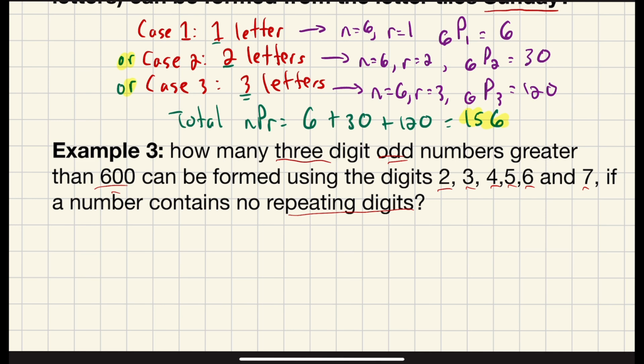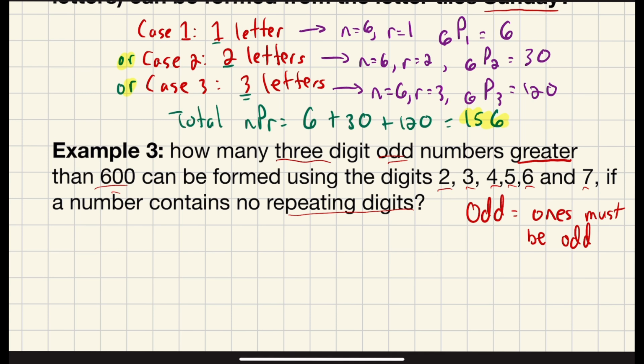So if the number has to end up odd, and I'm going to write this down, that means that the ones column, hundreds, tens, ones, must be odd. Otherwise, it doesn't matter what the other two numbers are. If the last digit is even, then it's an even number. So it must be odd. And secondly, it has to be greater than 600.